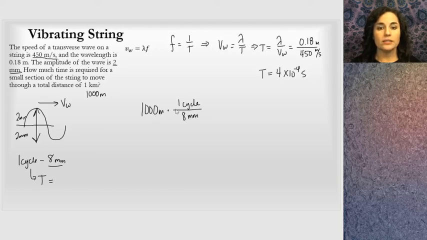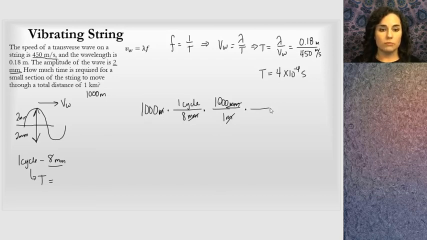And so that kind of tells me how many cycles it will take in order to cover 1,000 meters. Now I know I need to change from 1,000 millimeters to 1 meter, and that will help me get to the right units, right? My meters cancel here and my millimeters cancel here, and I'm left with cycles. So this is going to tell me how many cycles it will take to get 1,000 meters.